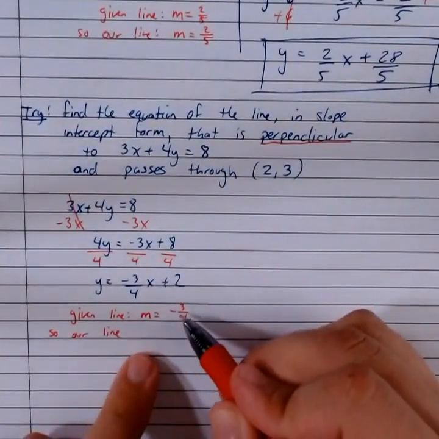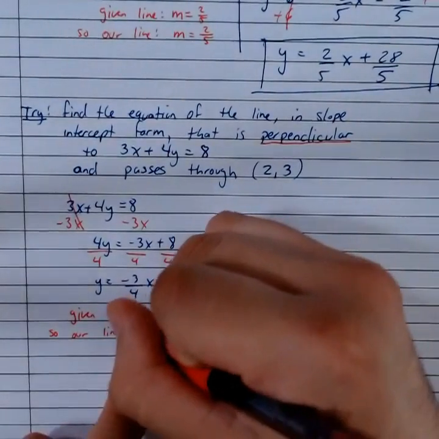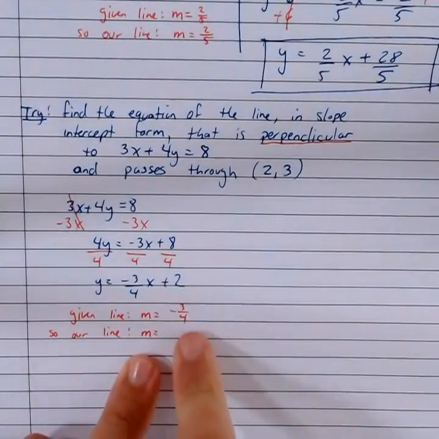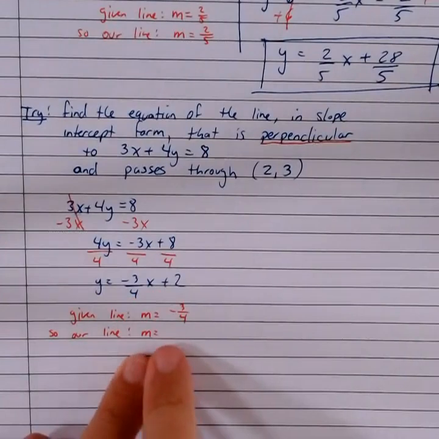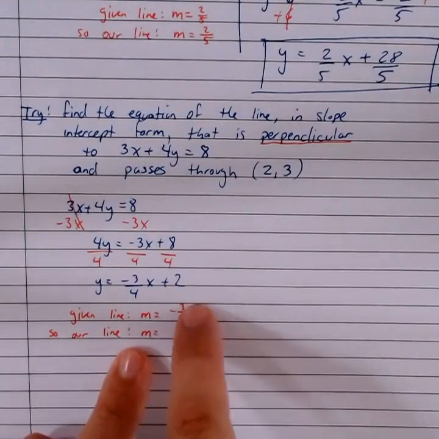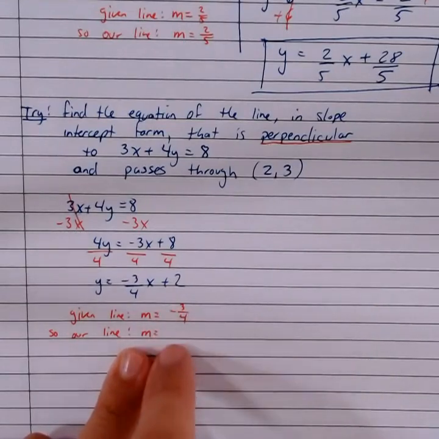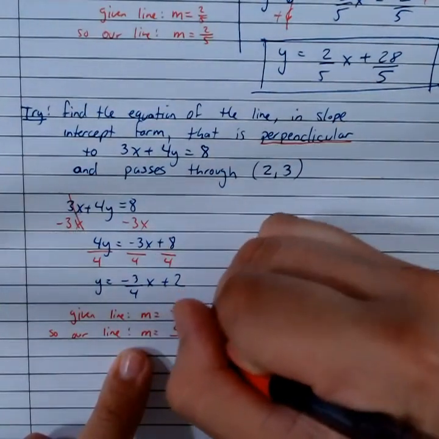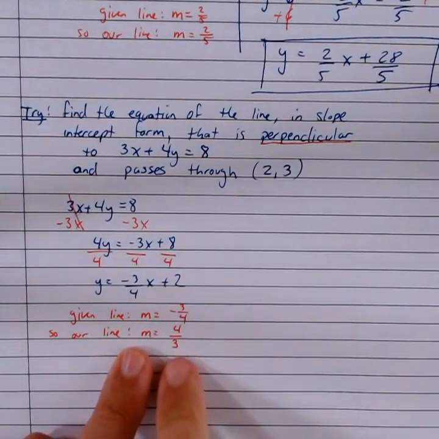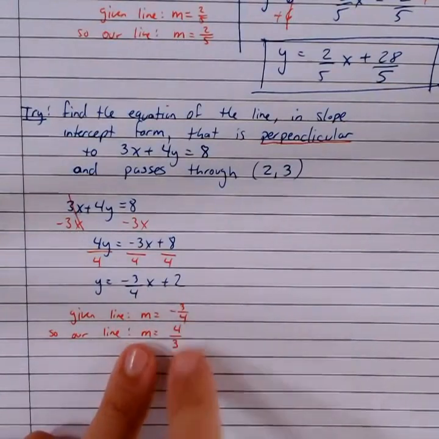If they're perpendicular, they're going to need to have opposite signs. Our given line was negative, which means the line that we want is going to have a positive slope. And these numbers should be reciprocated. So instead of having a negative, we have a positive, and instead of 3 over 4, we're going to have 4 over 3. So that's going to be the slope of the line we want.